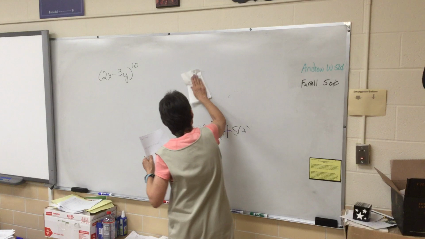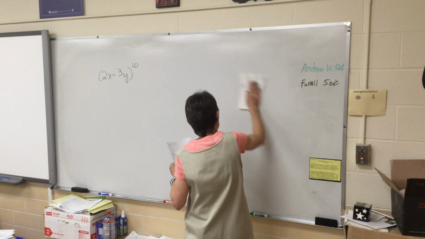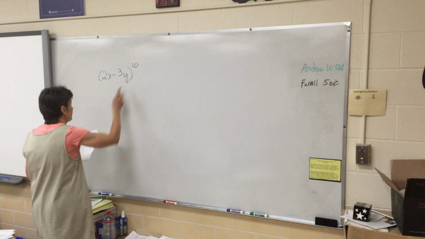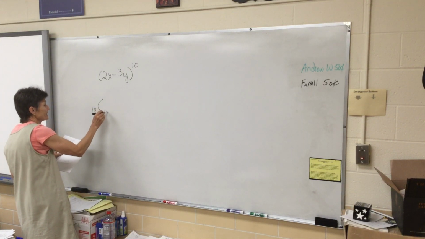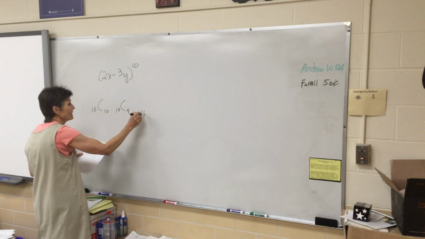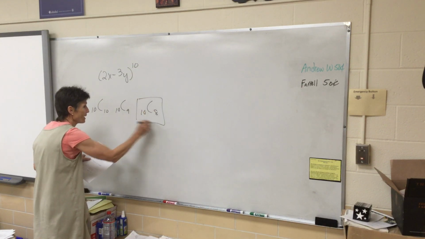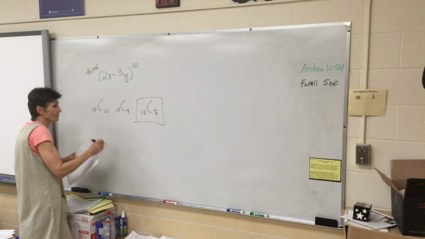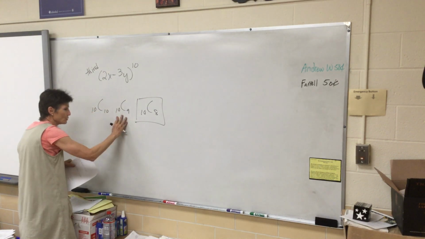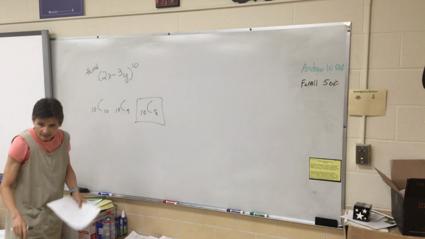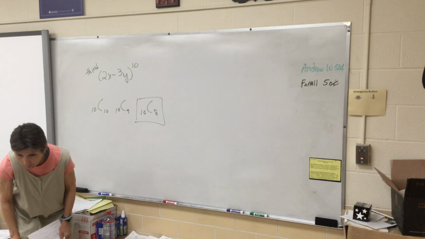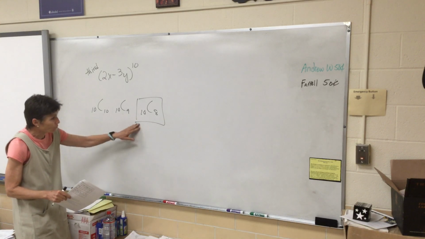We need to figure out our number. Well, this time, our numbers will be the 10C numbers. So 10C10, 10C9, 10C8. I'm stopping right there because it says I want the third term. So 1, 2, 3. Everybody clear with that? Don't write out any more. There's no point in it. You only want the third one.